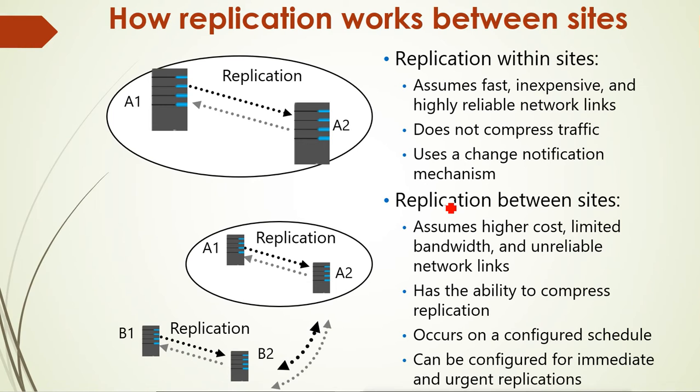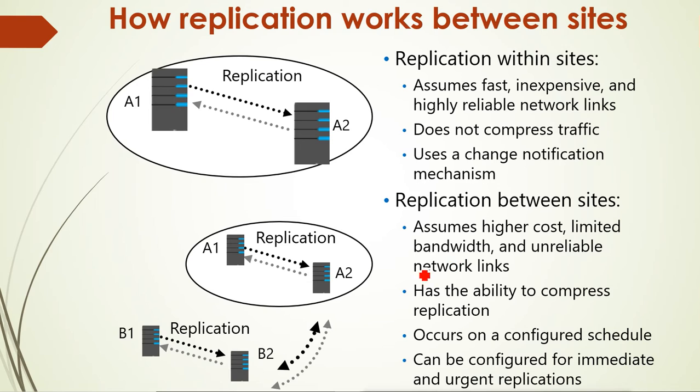Then replication between the sites. Here it assumes the higher cost. That means if the cost is high, the link is slow, with limited bandwidth and unreliable network links. Remember it is saying assumes because it does not know about the physical link.